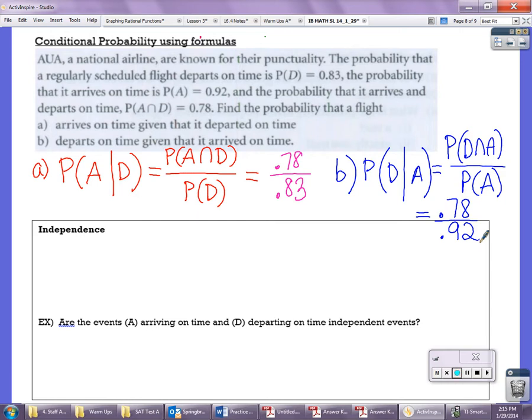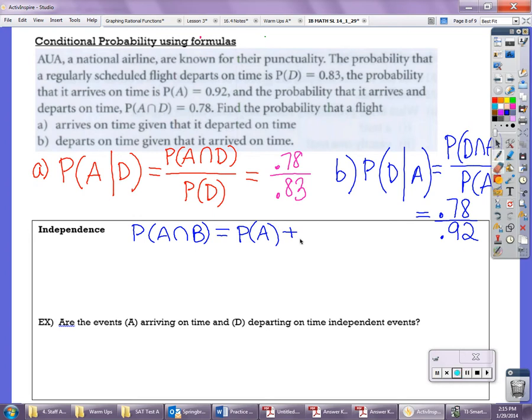Next, independence. There are, I believe, two different ways that we can talk about independence. There was the basic way that we already discussed, which is if two events are independent, then their intersection will be a strict product of the separate probabilities. Okay?